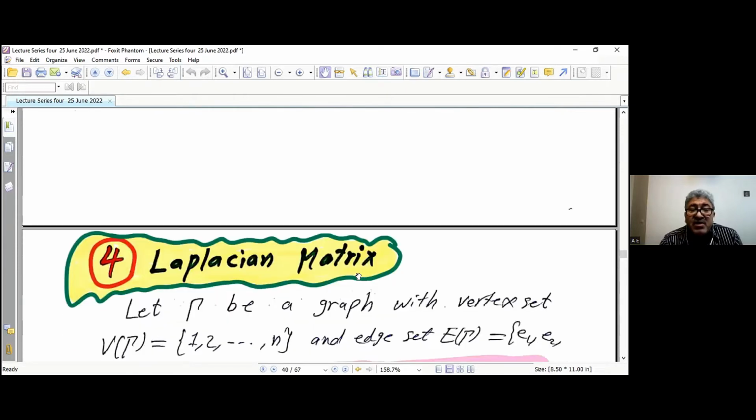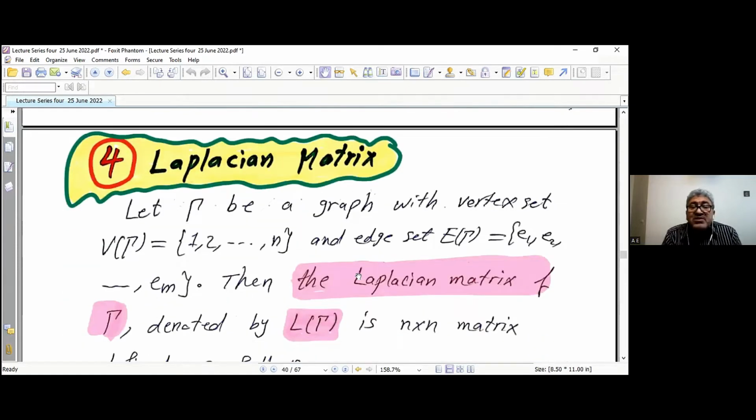Now, I'm going to continue introducing matrices associated to a graph. We are going to define the Laplacian matrix. The Laplacian matrix is also one of the important matrices associated to a graph.